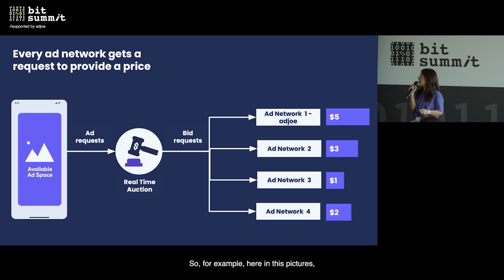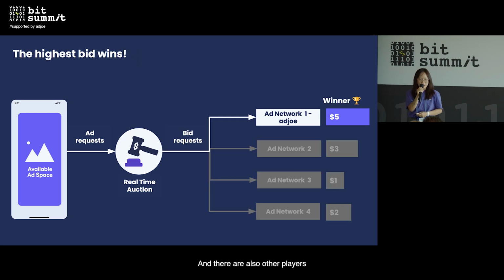For example, in this picture, we are network 1, and for this ad space, we think it's worth $5, so we bid $5. There are also other players like network 2, 3, 4, and they come up with their own bids.